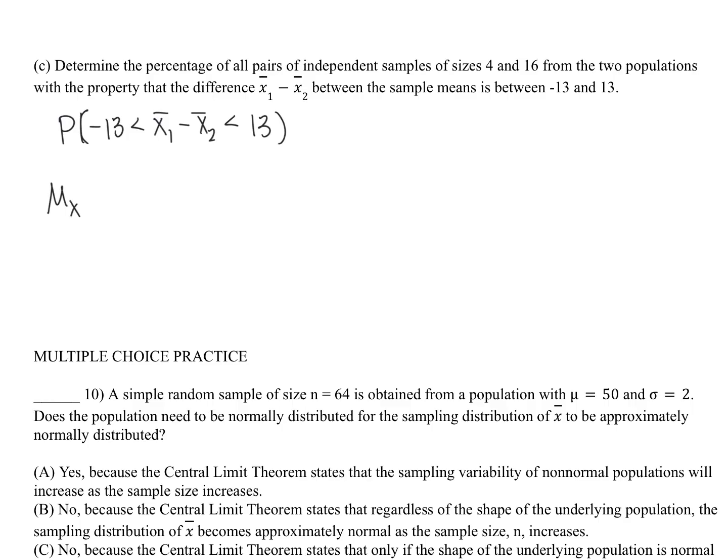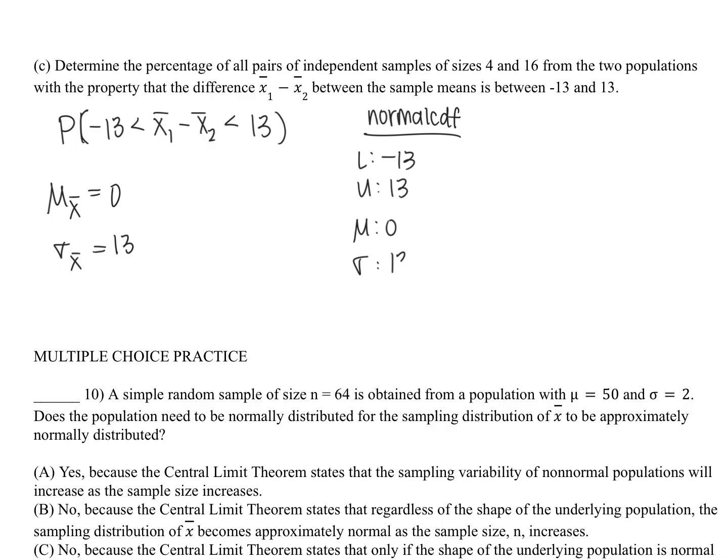And then we know the mean is going to be 0 and the standard deviation is going to be 13. So we do normal CDF. Lower bound is negative 13. Upper bound is positive 13. Mean is 0. Standard deviation of 13. And we're going to get 0.6827. And then because it says percentage, that would be 68.27%.